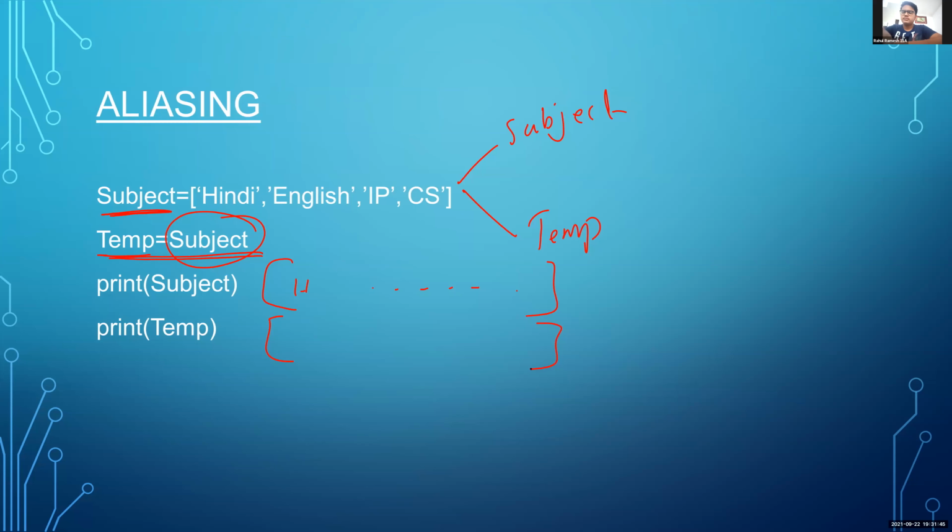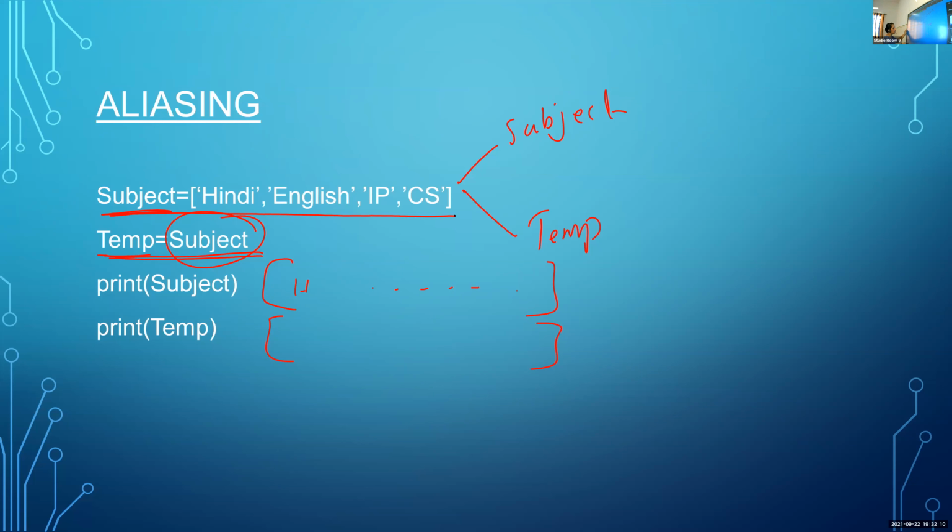Here subject is the existing list name. Just like our official name and pet name, here I am giving a pet name temp for this subject. For that, the statement is temp equal to subject. Just give a new name here, after that the assignment operator, then subject.